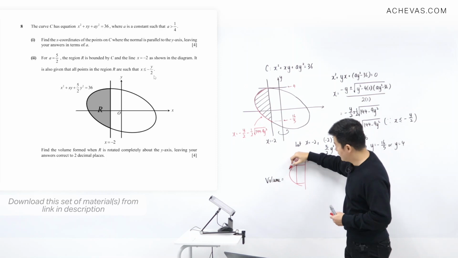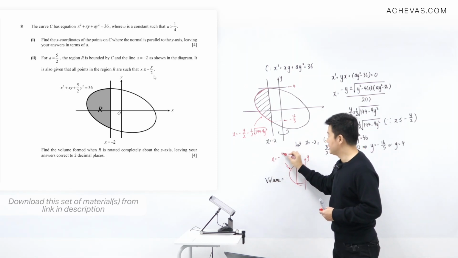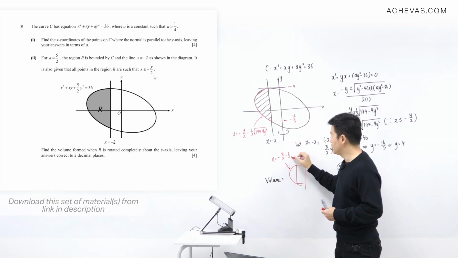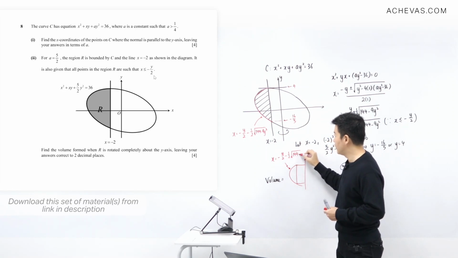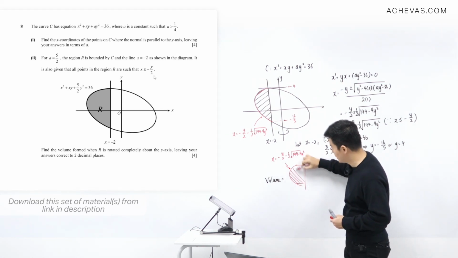So for this region here, which is bounded by the graph of x is minus y over 2 minus 1 over 2 square root of 144 minus 9y squared, I'm going to first work on this entire region here.